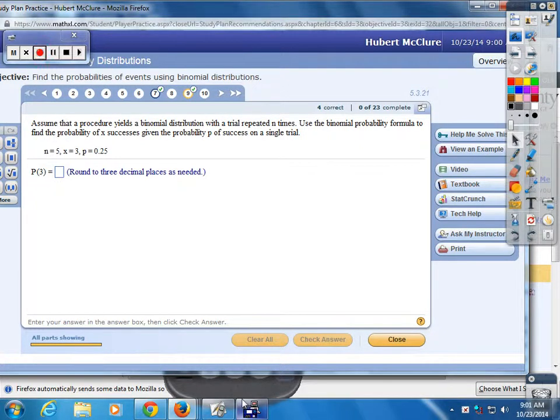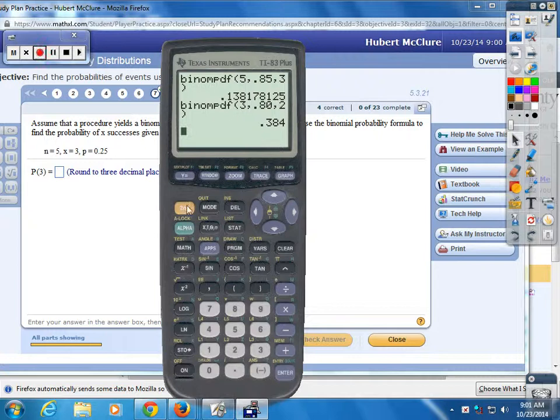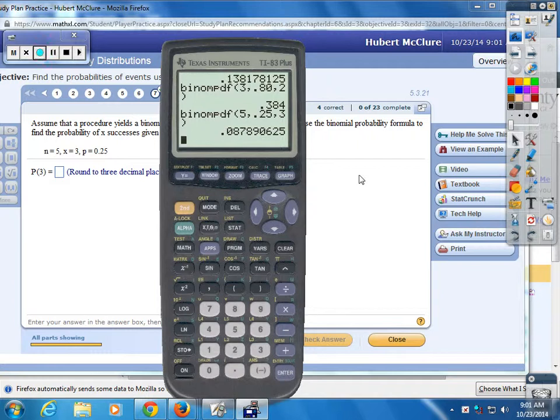So you hit second function, entry, unless you just like to type. And that would be 5. Can't type it in the order it's given. 0.25 and 3. You got a 9% chance.